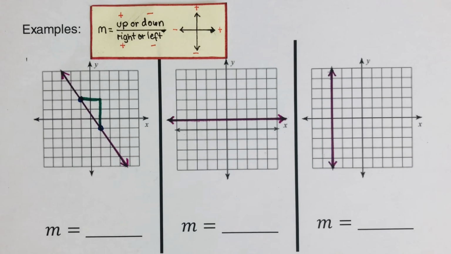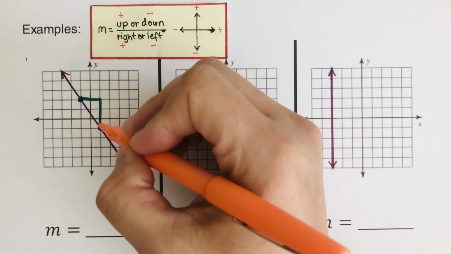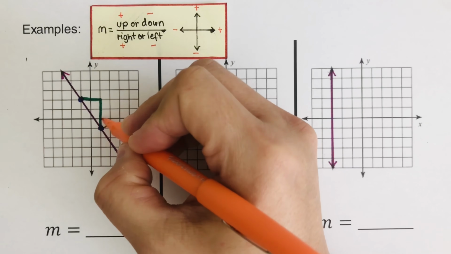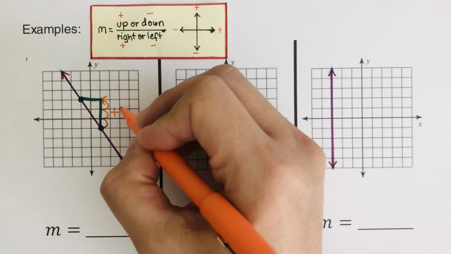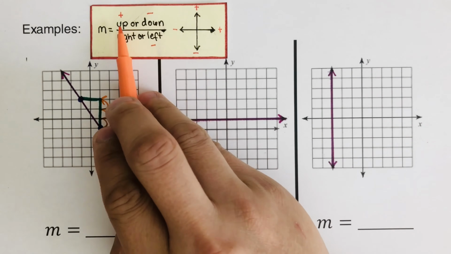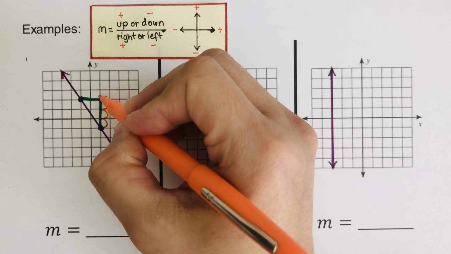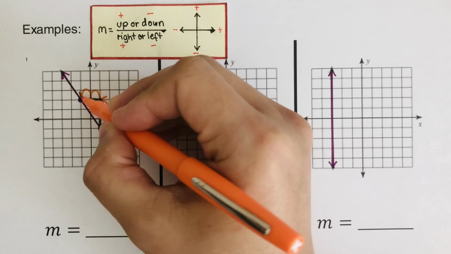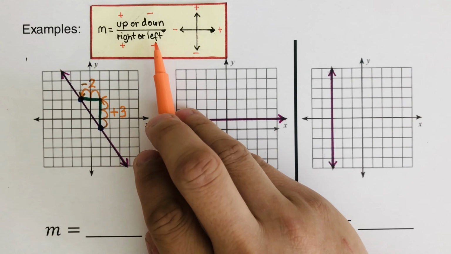So if we take this one, from this bottom dot here, I go up 1, 2, 3. So I went 3, and I label this as positive 3, because whenever you go up, that's a positive. Then I go to the left 1, 2, so I will label this as negative 2. The reason it's negative is because I went to the left.